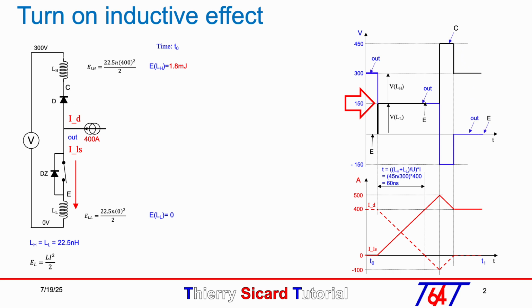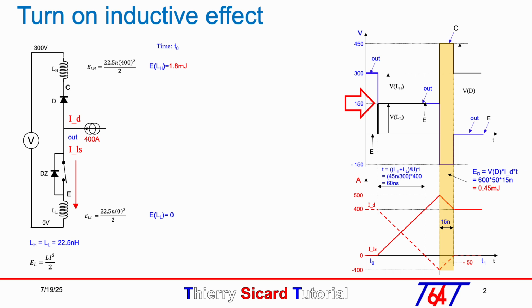Due to the negative current in LL, node E goes to minus 150 volt and node C to 300 volt plus 150 volt, which means 450 volt. Diode D is then blocked with 450 plus 150 volt, which is 600 volt across the diode in reverse for 15 nanoseconds.